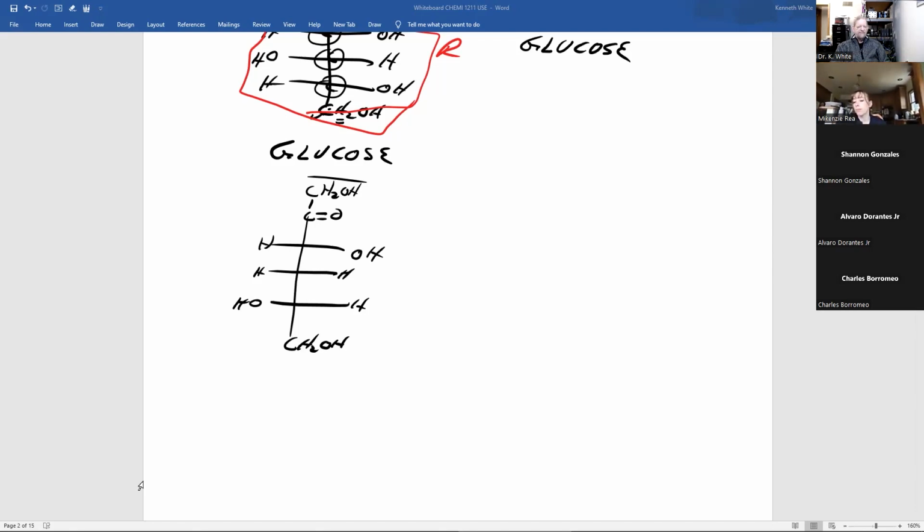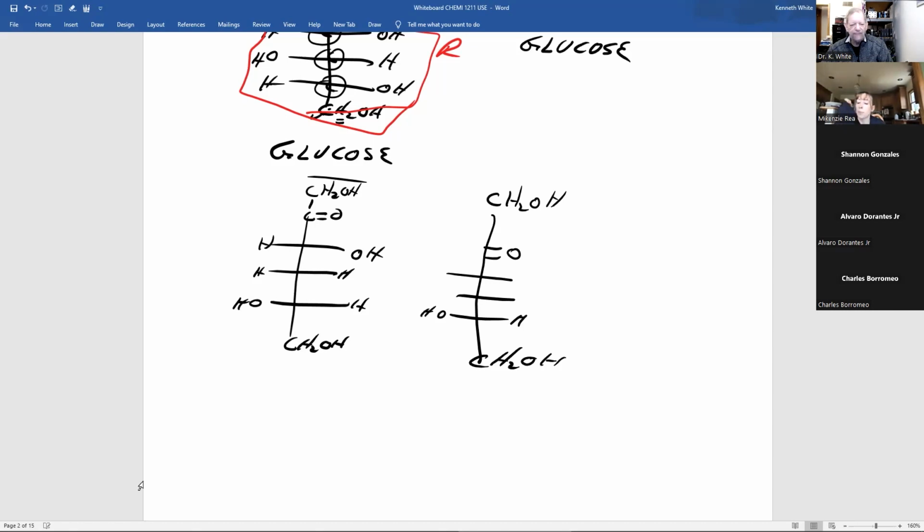One thing I should point out, I could have also written it this way. And this is the same molecule. I'm just not showing the carbonyl carbon.